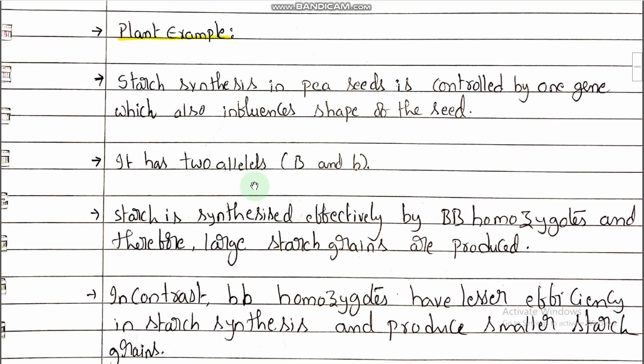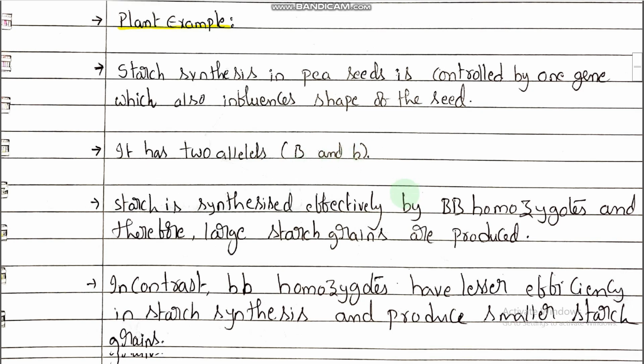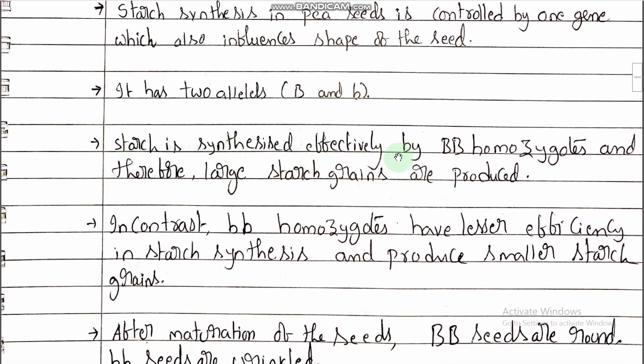It has two alleles, capital B and small b, right? Starch is synthesized effectively by capital B homozygotes, and therefore large starch grains are produced. Whenever starch synthesis is effective, the size is increased, obviously.